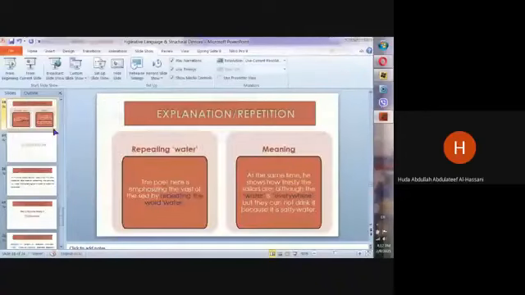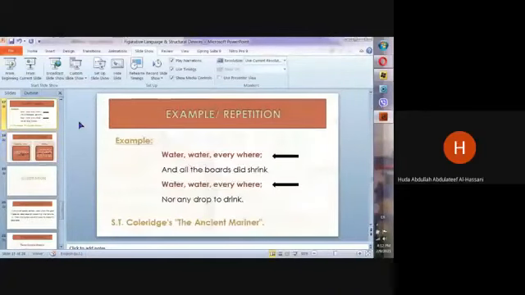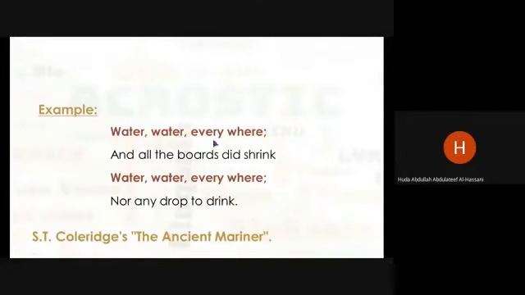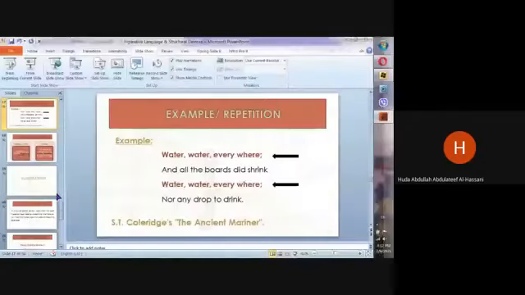As we have explained here, first of all, we have a repetition of the word water, and then we have a repetition of the whole line. Water, water everywhere. Okay.